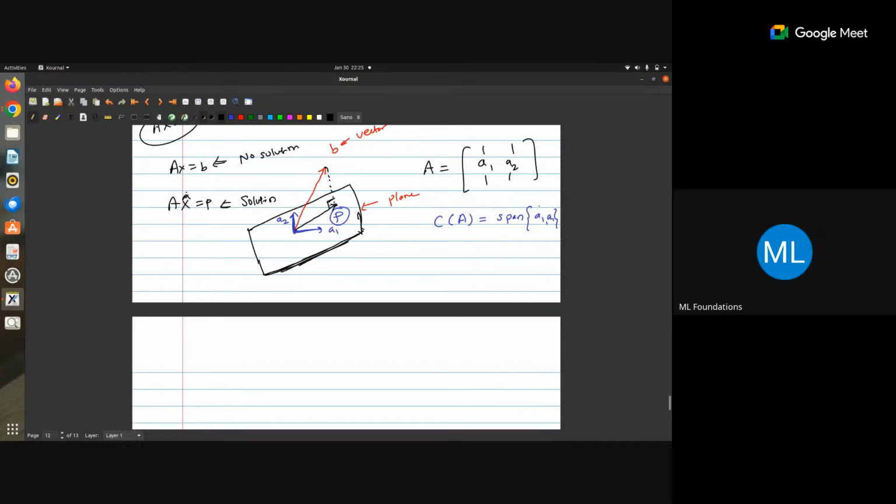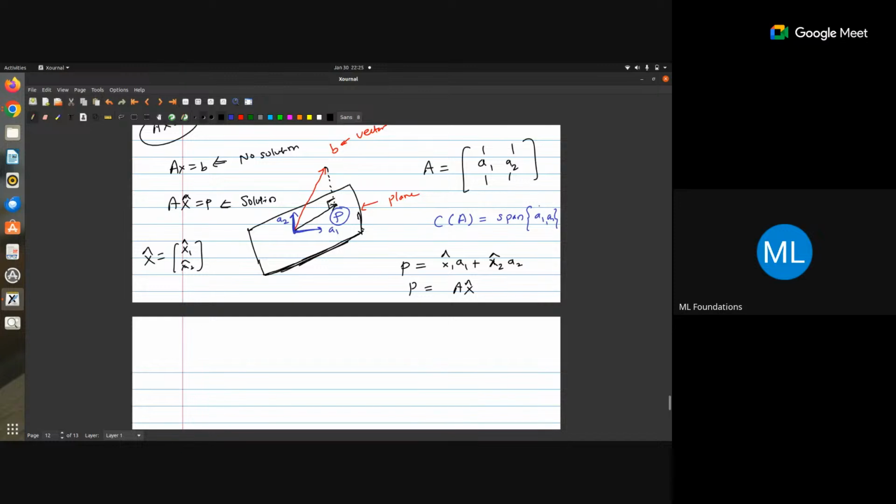That means P is some combination of x hat, which I'm saying is x1 hat and x2 hat. So can I say that P is x1 hat A1 plus x2 hat A2? No issues with that? In another way, can I say that P equals Ax hat?